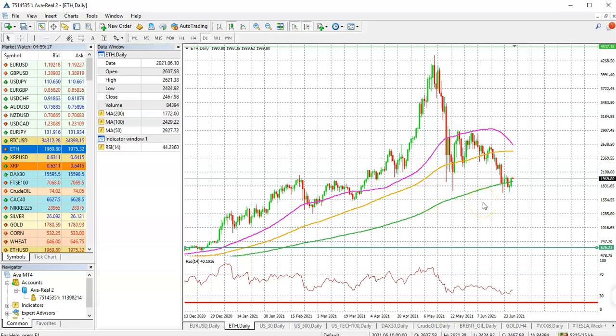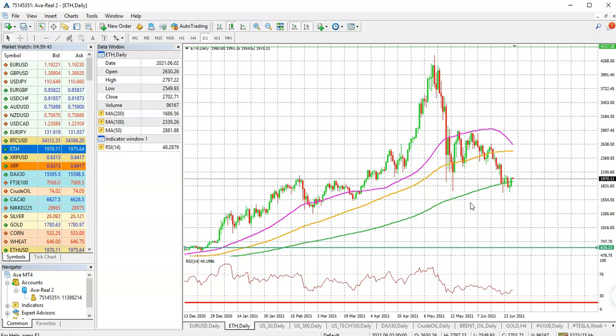Now, why have I chosen these three moving averages, these three numbers? Well, this is a great point where I can make a small intro about myself. I come with a wealth of 15 years of trading experience. During this time period, I have worked as a hedge fund trader for Bank of New York Mellon and as an equity trader with Bank of America.